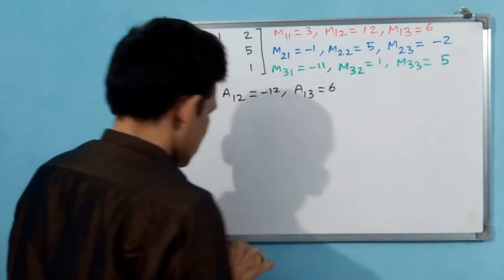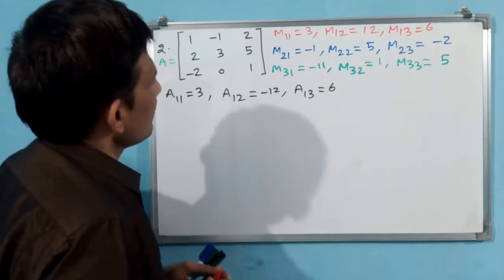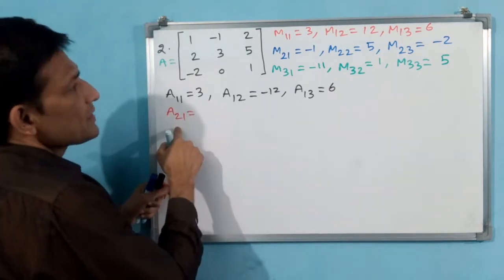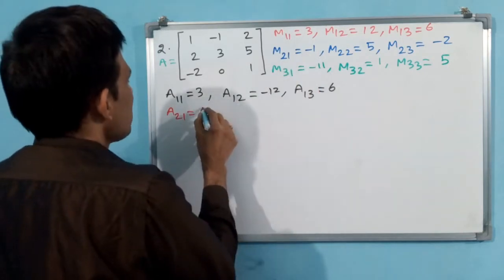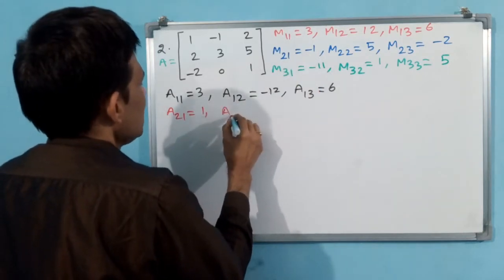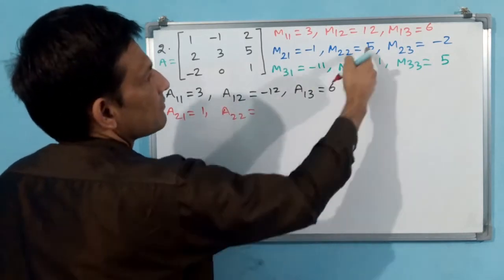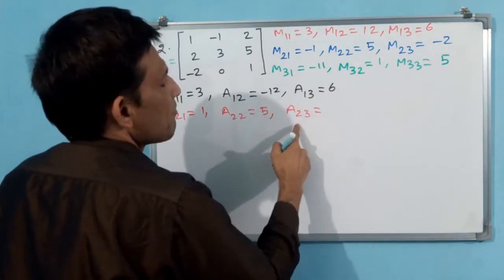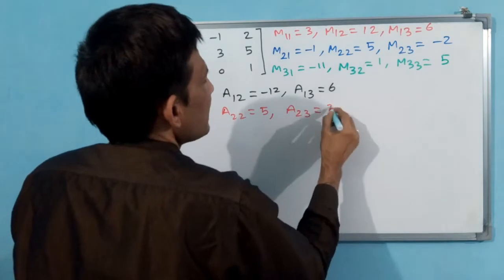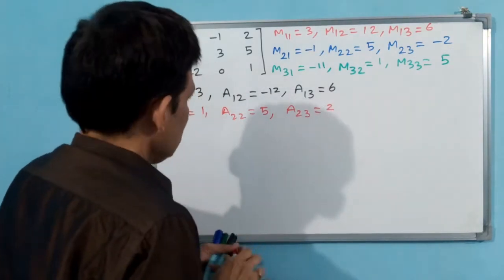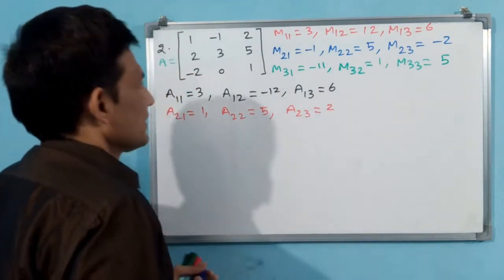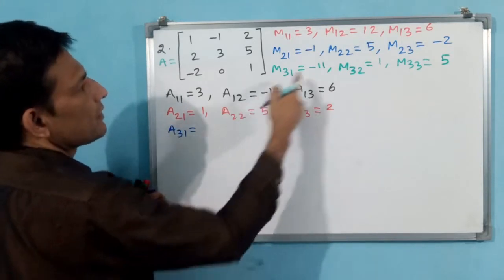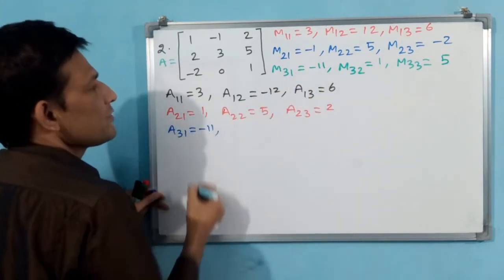Now go for A21. Minus will come. Already minus is there. Minus of minus, plus. A22, plus will come, 5. A23, minus will come. Already minus is there, then plus it is going to become. Now A31, plus will come, but minus is there already, then you take minus only.